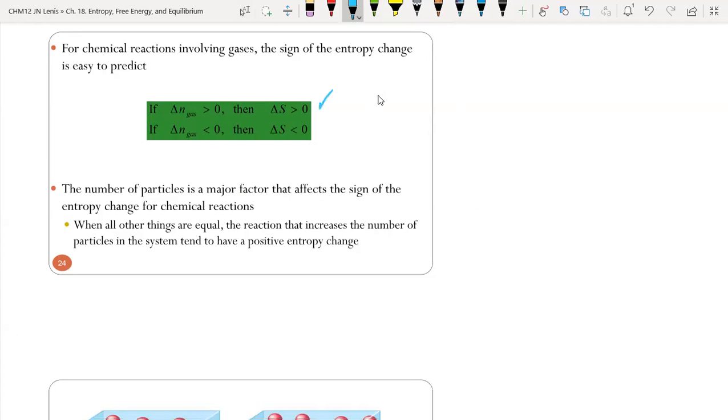So that means there's more probability that the process will occur. If the change of gases during the reaction decreases, then the entropy decreases, becomes negative, and there's less chance for the reaction to occur.